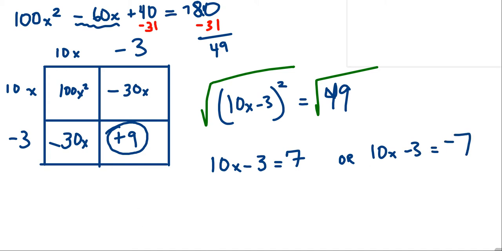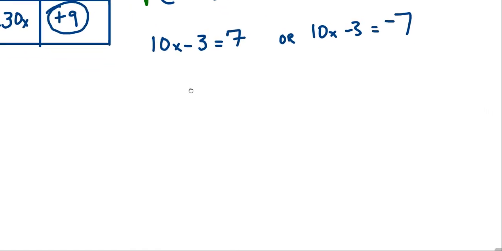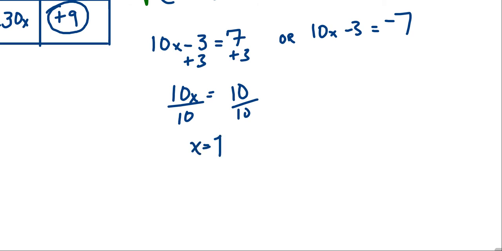Now we just finish off the last of the steps. We've always simply added or subtracted this constant here. So add 3, 7 plus 3 is 10. Woohoo! Nice and easy because 10x is 10. Divide by 10, divide by 10, and x equals 1. No big deal.